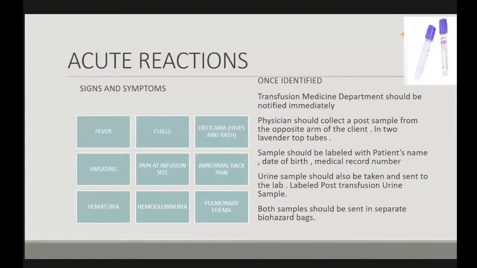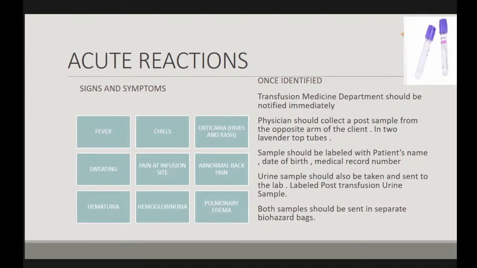Next slide. These are just some of the acute reaction signs and symptoms that you may see in patients: fevers, chills, sweating. The transfusion medicine department should be notified immediately. And we just said that we should have a post sample from the opposite arm in two lavender top tubes.